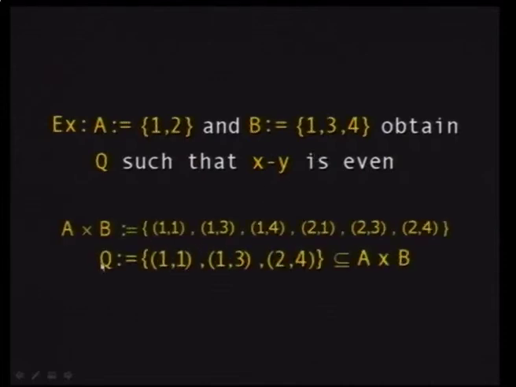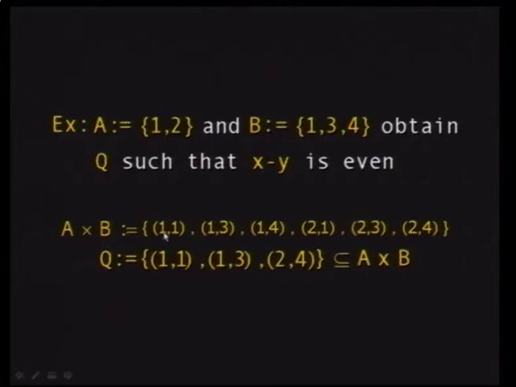So you start first by writing the Cartesian product. Now you have here 2 and here 3, so you must have 6 elements pertaining to the Cartesian product. But now you choose only those, which you call Q, a subset of the Cartesian product, that have this property that X minus Y is even.